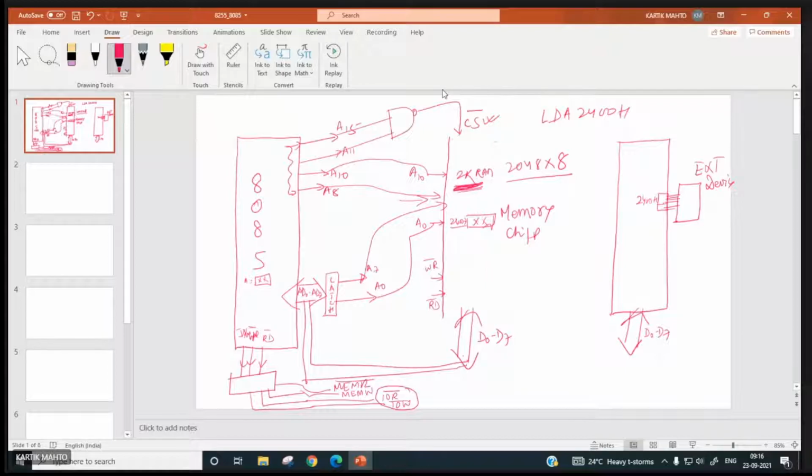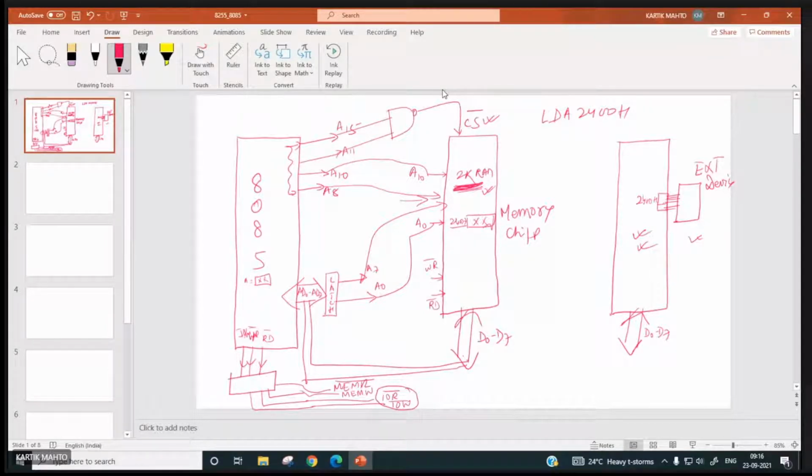So this is not possible with the memory chips. So you cannot connect external peripheral devices to a memory chip like this directly, right? So we use this type of circuit or ICs.